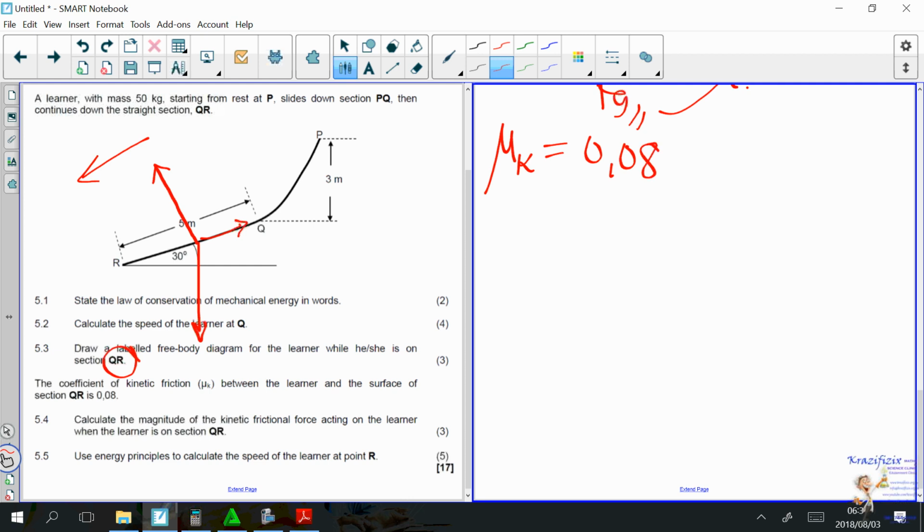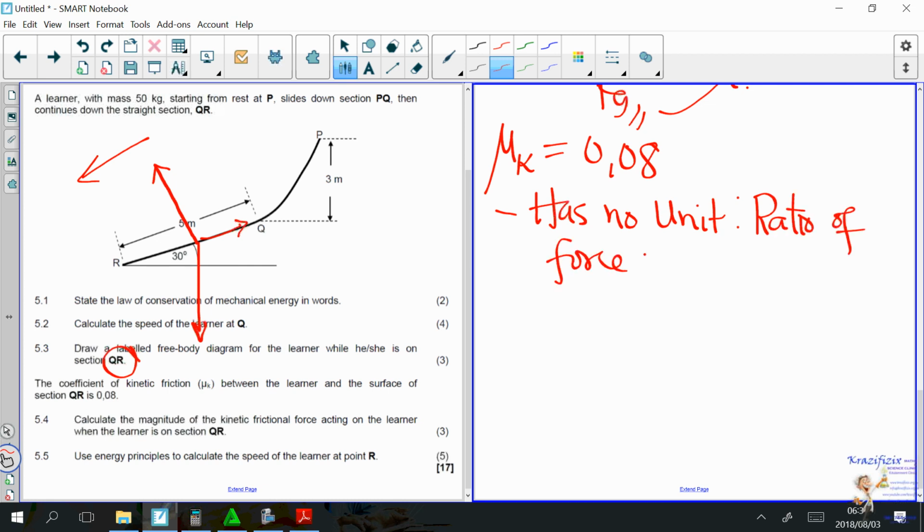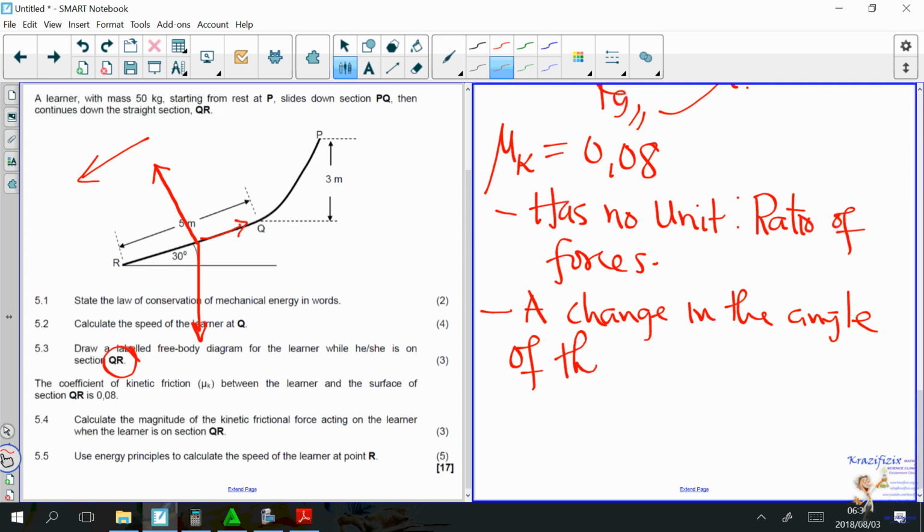What am I going to say on coefficient here? Listen. Coefficient, number 1, has no unit, because it is a ratio of forces. Number 2, a change in the angle of the plane, in this case 30, will not affect the coefficient of friction.